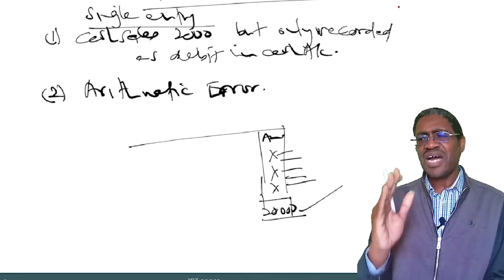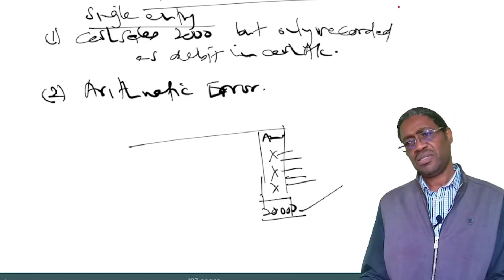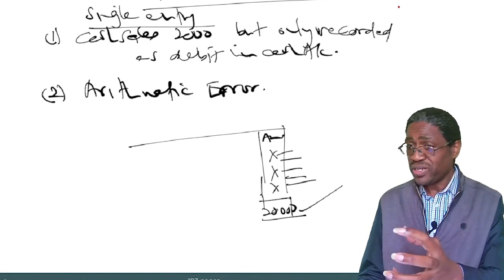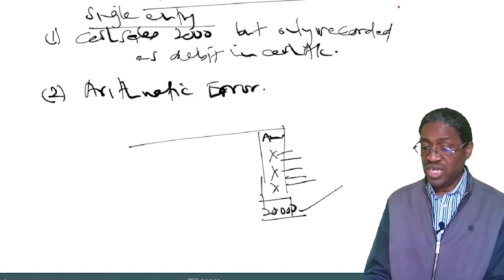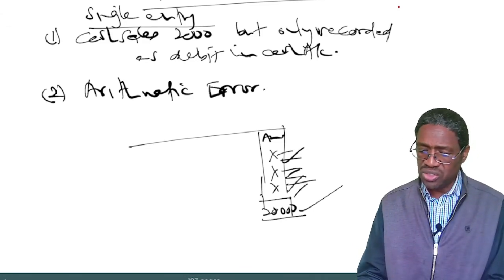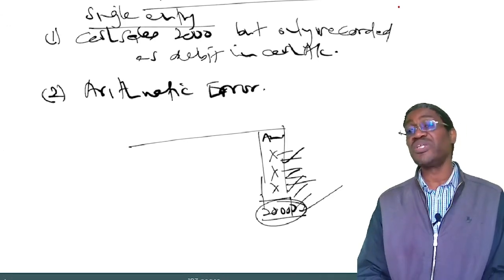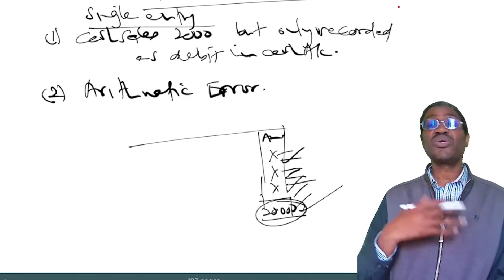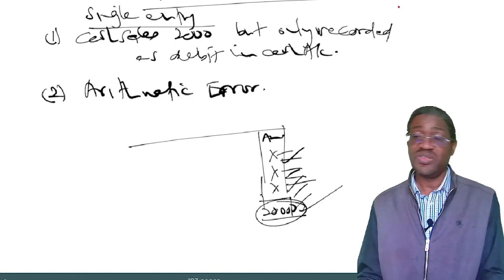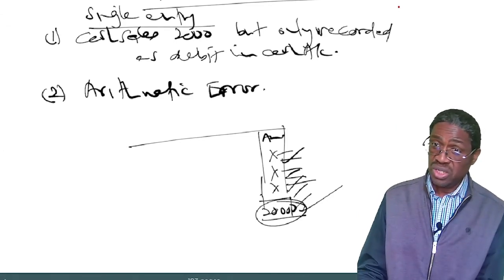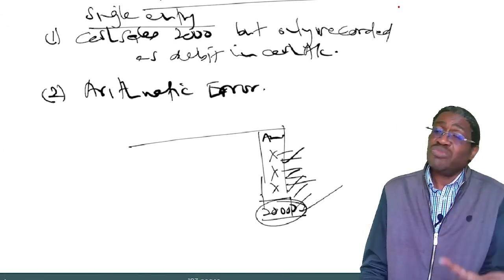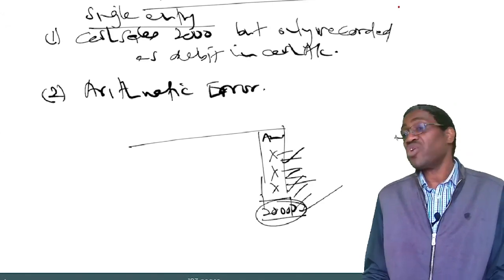So if there is arithmetic error, we are picking, for example, in the journals. And when you are adding these totals, you got a total of 20. You took that 20 to the credit of the sales account if this was a sales day book. But the correct amount maybe was supposed to be 25. So will the trial balance balance?